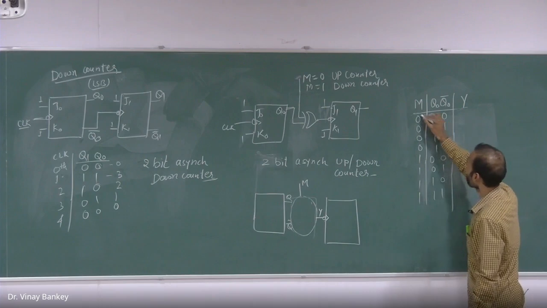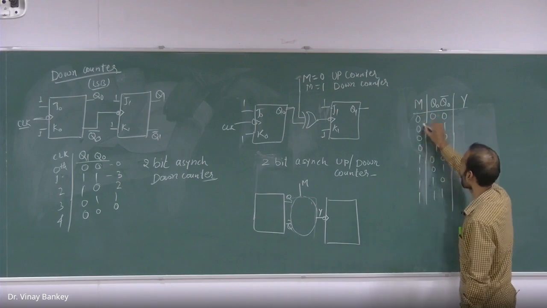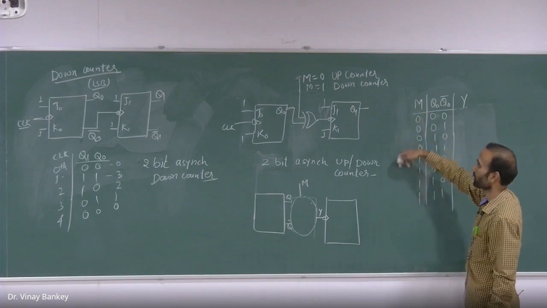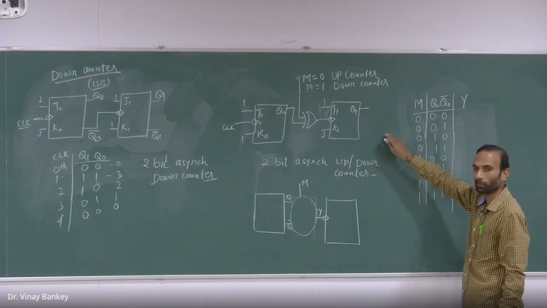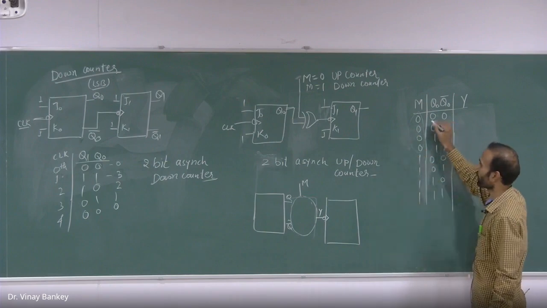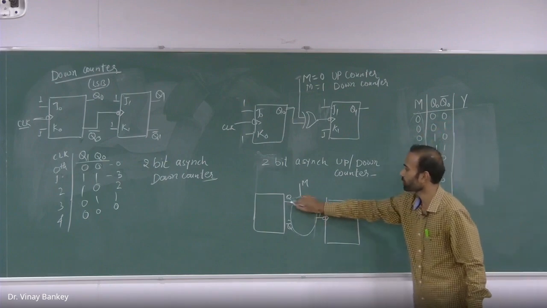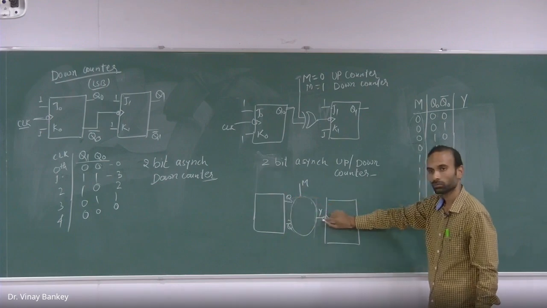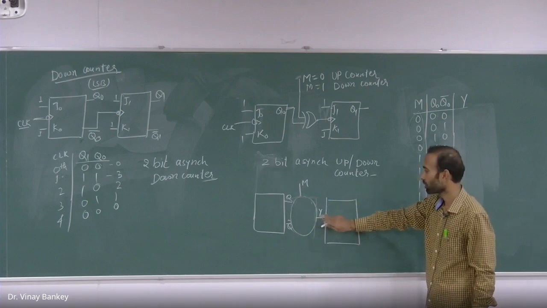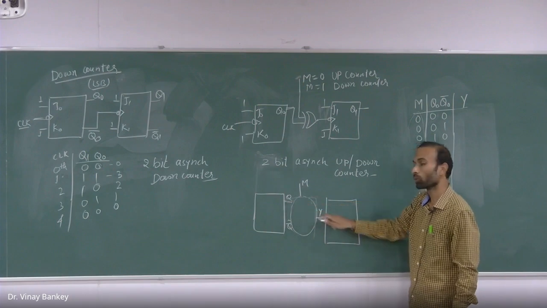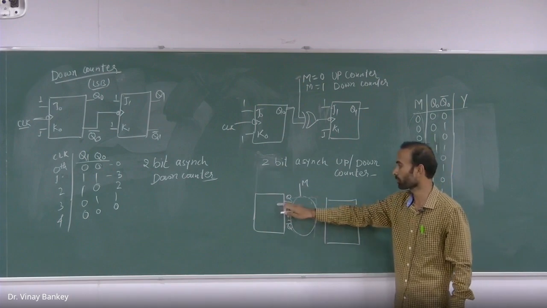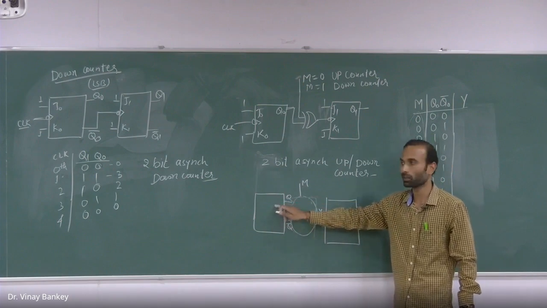Whenever my M is 0, as a designer I have said it should count in ascending order, so it should work as an up counter. Up counter means what? This Y should be just directly Q. That is my previous output, the output of the previous flip-flop, for the up counter.